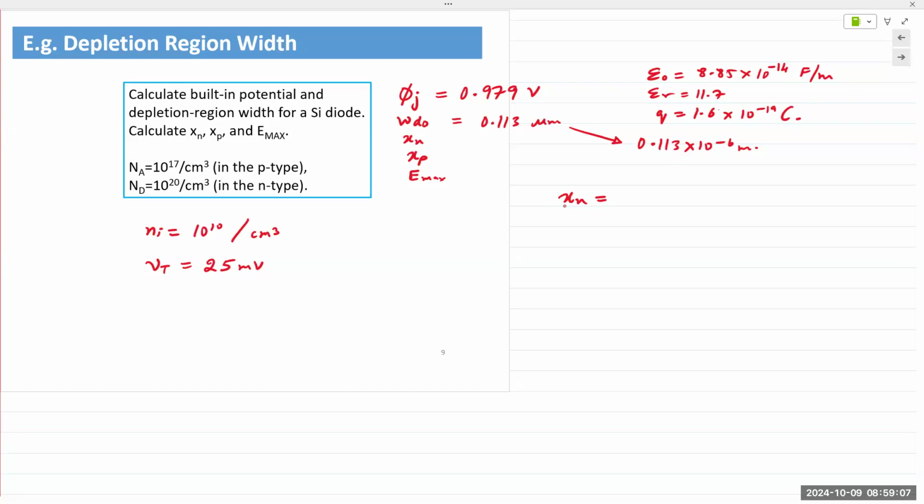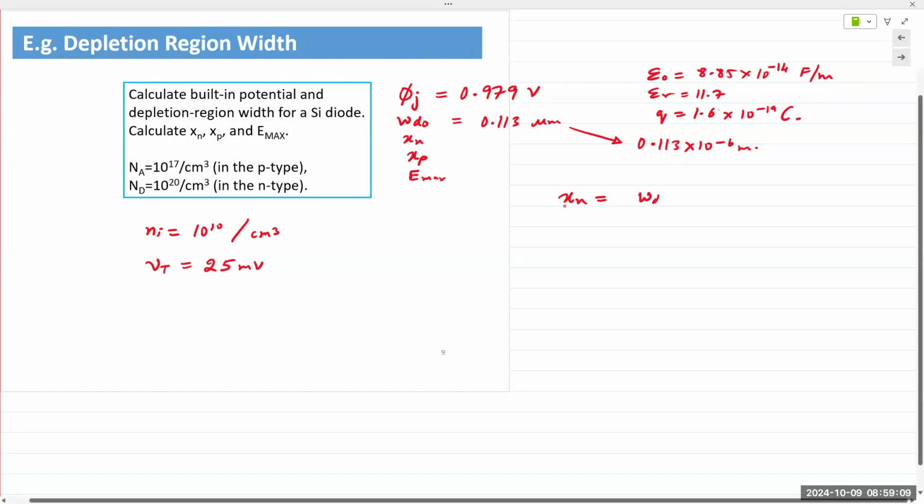Oh, yeah. xn is WD0 divided by 1 plus ND over NA, and xp is WD0 divided by 1 plus NA over ND.